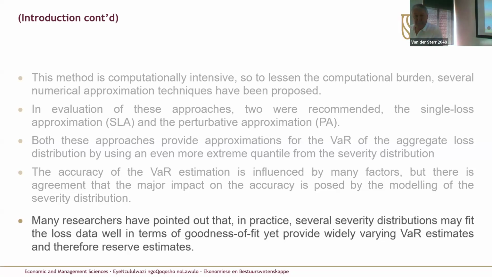And many found that several distributions give a similar goodness of fit. So we'll see that later. If you have your goodness of fit measure, they're all more or less the same, which says, well, if I base it on goodness of fit, I can more or less use any of them. But if you calculate the value at risk estimate, then they take different paths. Okay, so that doesn't always work so well.